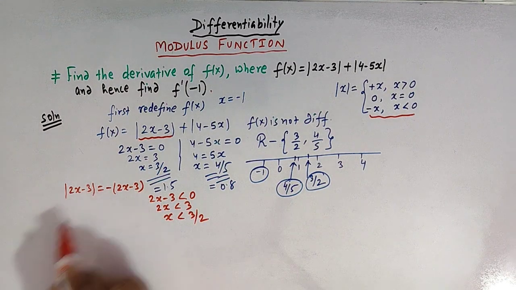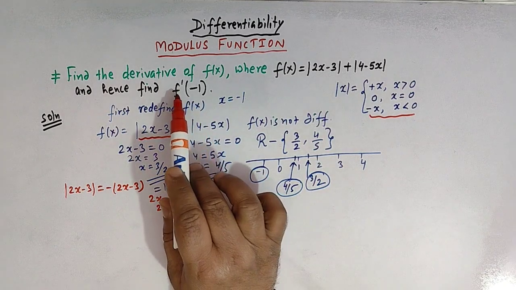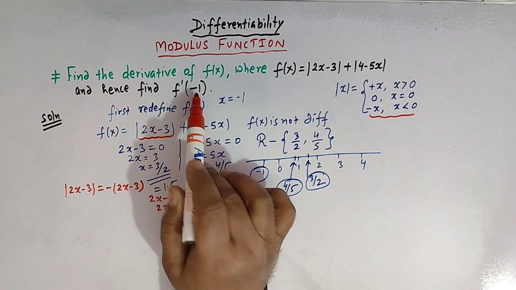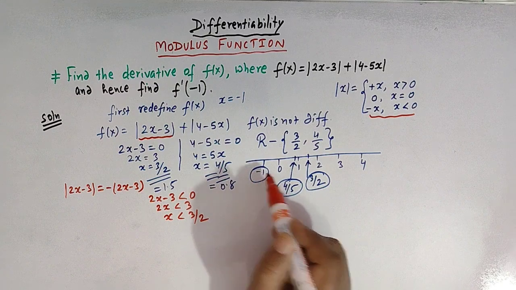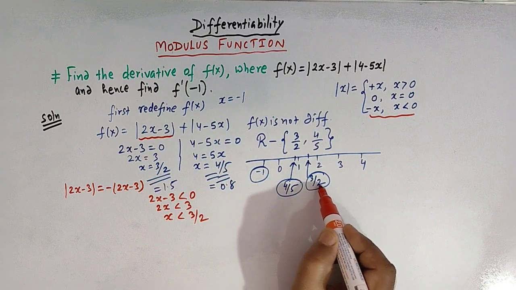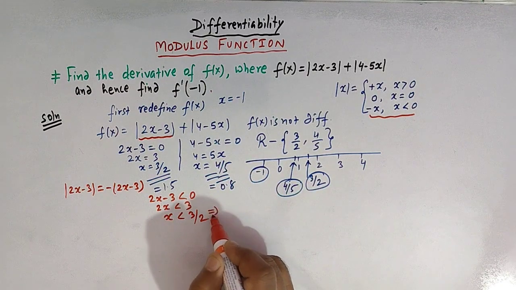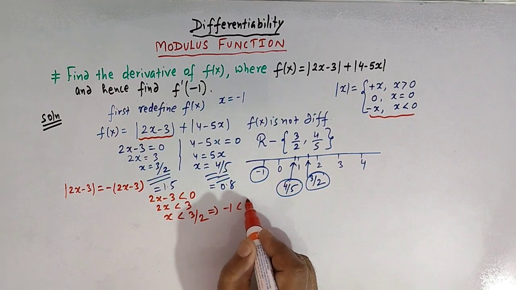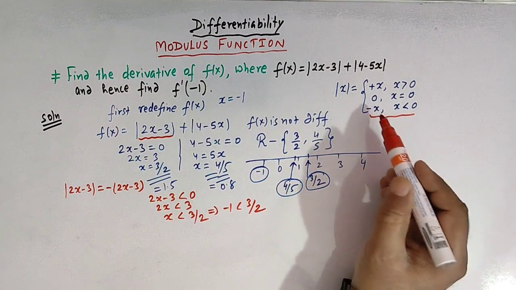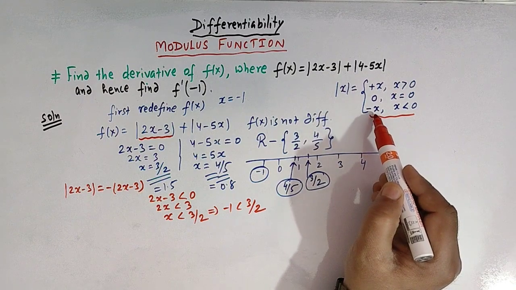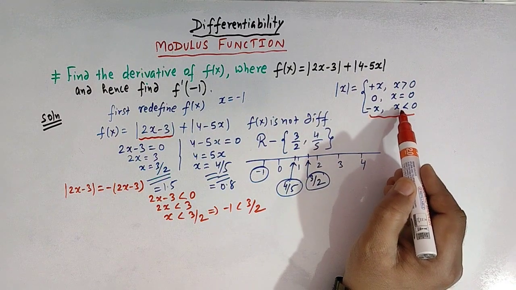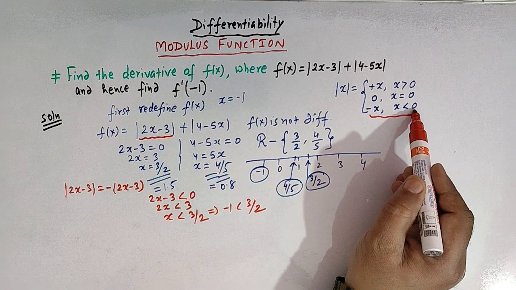Now we have to find f prime of minus 1, and minus 1 is less than 3 by 2. That's why we have used mod of x is equal to negative of x whenever x is less than 0.